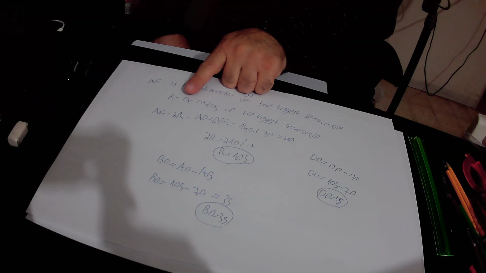AF is the diameter of the biggest semicircle, and the diameter of any semicircle or circle is twice as long as the radius.